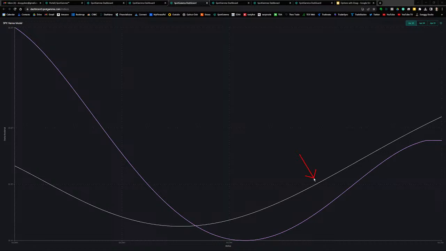What this is showing is how market makers' delta notional, this light gray curve, changes with changes in price. So there's delta notional shown on the vertical axis and price on the horizontal axis.